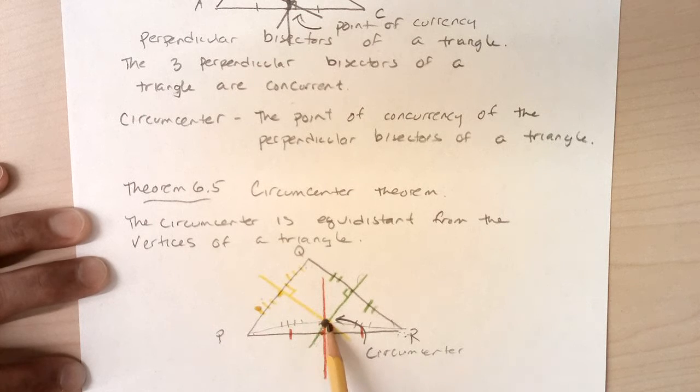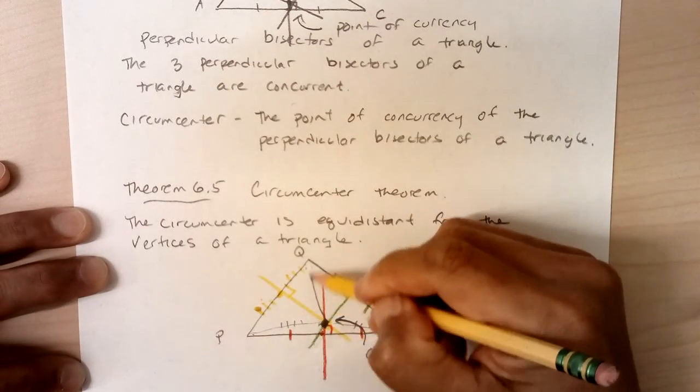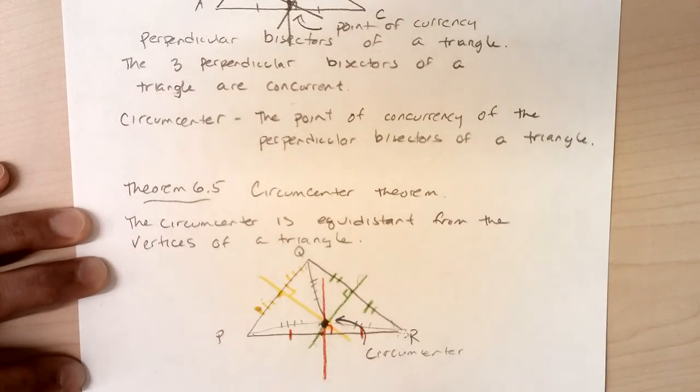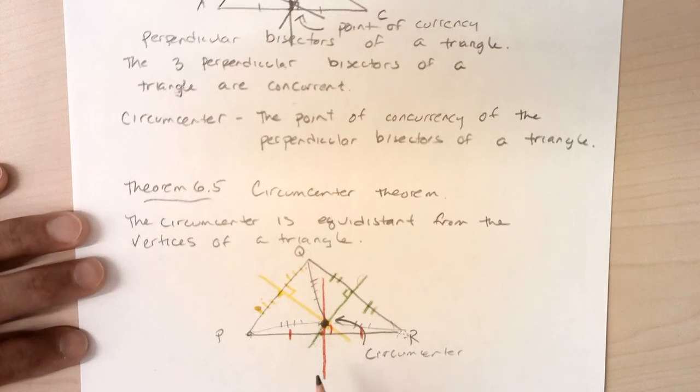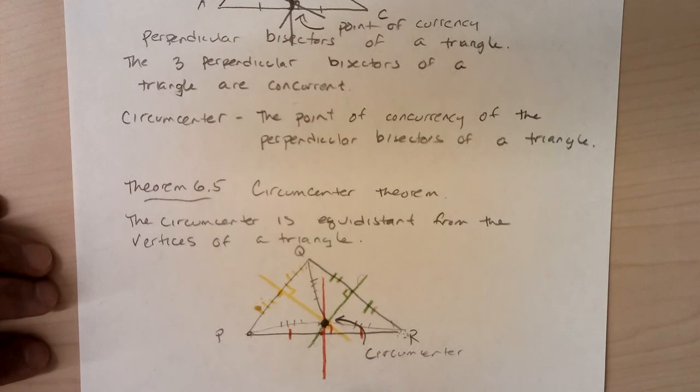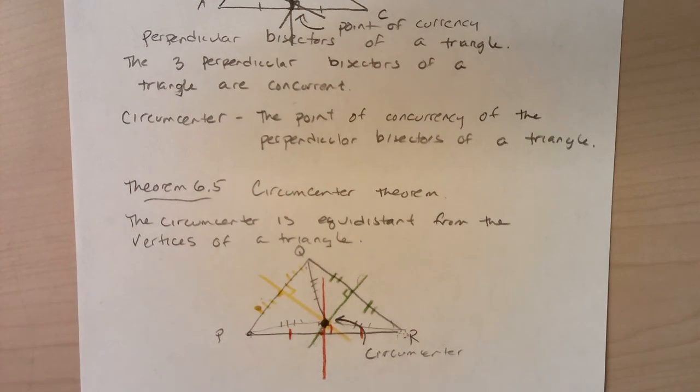Since it's on the perpendicular bisector of that segment, it's equidistant from the endpoints of that segment, R and Q. The same thing is true for the perpendicular bisector of QP. The distance of the circumcenter from the endpoints P and Q would be the same. So these three distances from the circumcenter to each of the vertices, P, R, and Q of the triangle are the same. Again, the circumcenter theorem really follows the perpendicular bisector theorem.